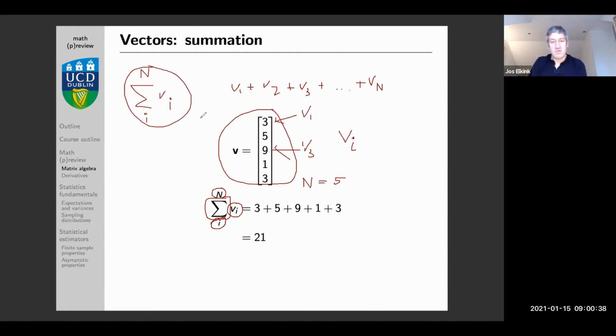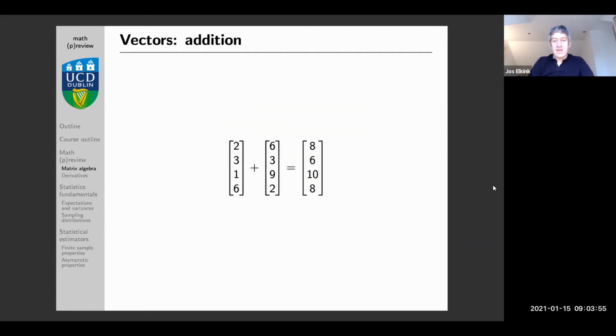Yeah, without having to know what V means or etc. If you see this thing on the left, you can think this thing on the right. That's what it means. And so in this case, V1 is 3, and V2 is 5, and V3 is 9. So we get the sum 3 plus 5 plus 9 plus 1 plus 3 is 21. Yeah? So this simply means taking the sum of a vector. So we can sum the elements of a vector.